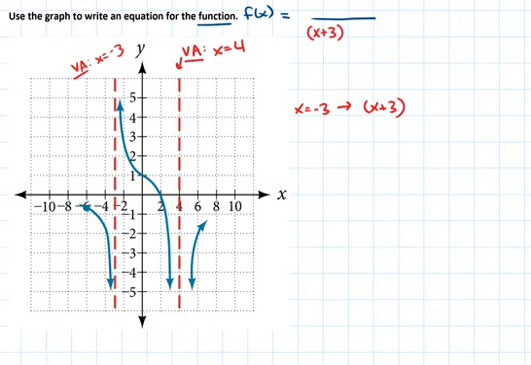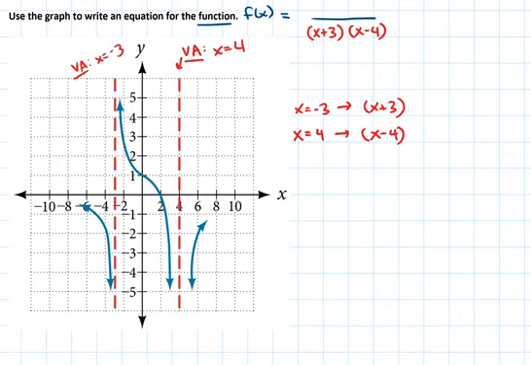I'm going to deal with the multiplicity in a second, but I just want to get the general sense of what the denominator should be. So if we have the vertical asymptote, what makes the denominator 0, x equals 4, we know that the factor should be x minus 4. So we have the two factors in the denominator that are clear for us.